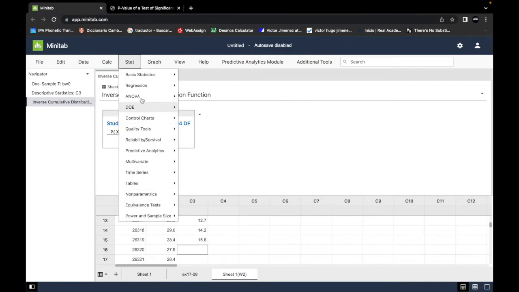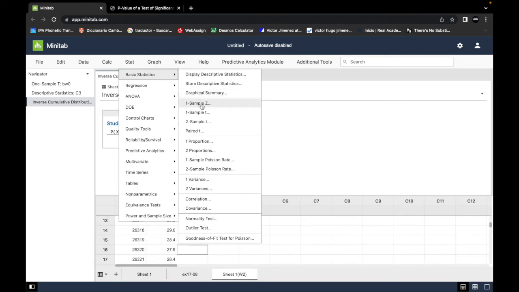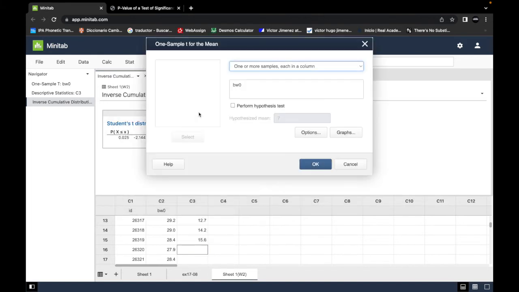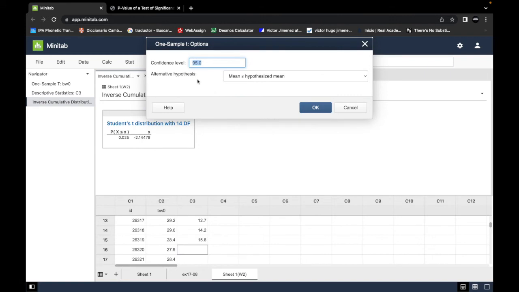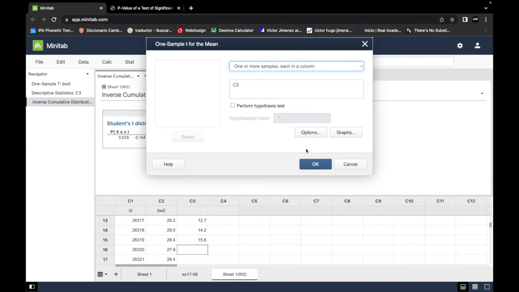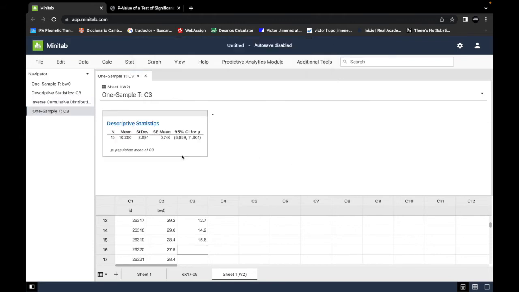Minitab, Stat, Basic Statistics, one sample t. The values now are in C3. Options, confidence level of 95, okay, and okay.